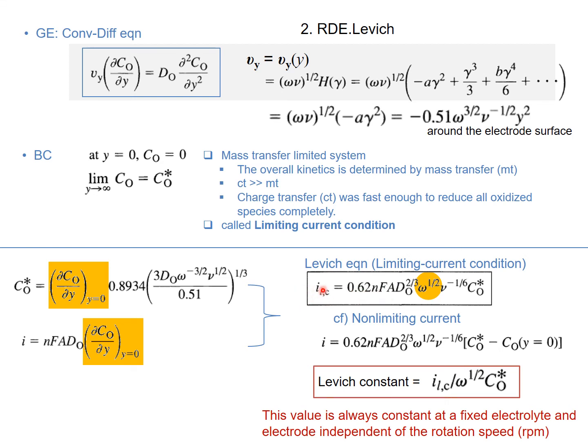Again, limiting current I_L for the cathodic process is equal to 0.62 times the number of electrons transferred, Faraday constant, and electrode area, nFA, with the diffusivity of oxidized species to the 2/3, and the square root of the rotational speed, not angular frequency, and kinematic viscosity to the -1/6, with the bulk concentration.